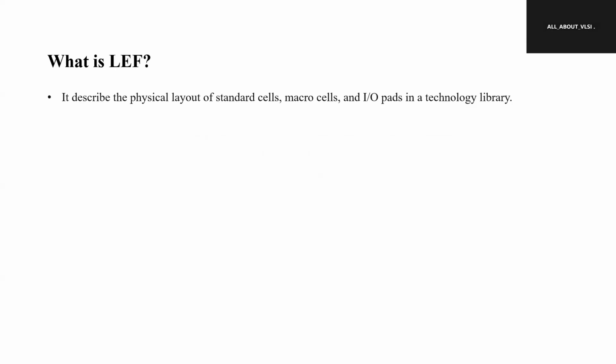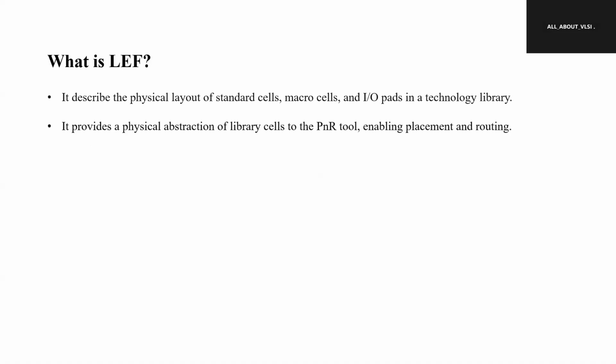All this complete physical information is present in the LEF file, and it also provides the physical abstraction of library cells, which means it shows the top level view of the standard cells, meaning height, width and top level view like pin information, pin width information, where the pin is located. So all this information is presented in this.